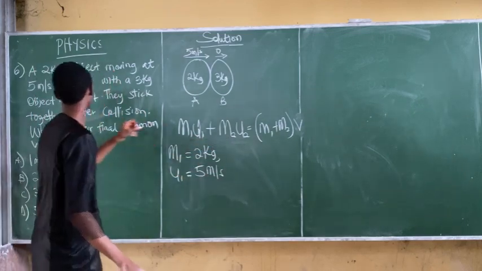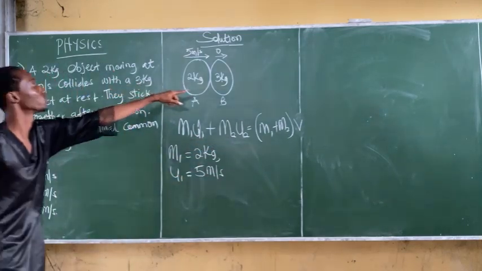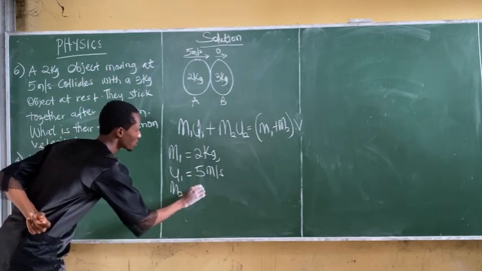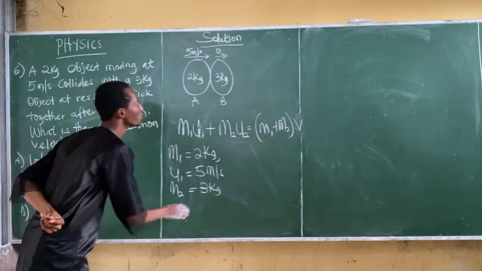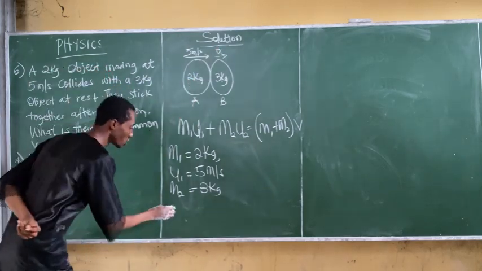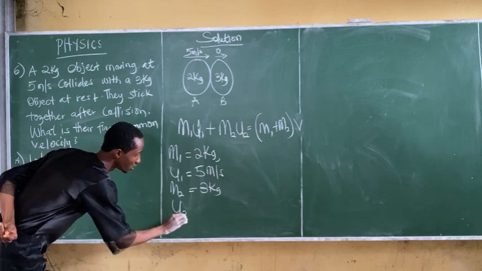We are given m2 from the question, the mass of the second object, to be 3 kg. They say this second object was at rest, so the initial velocity u2 is 0.